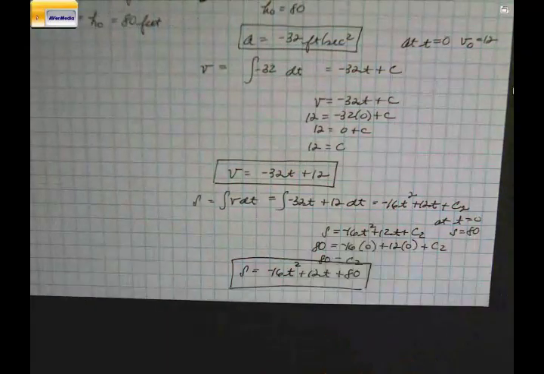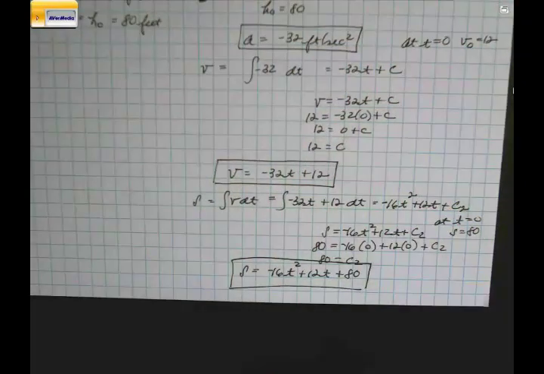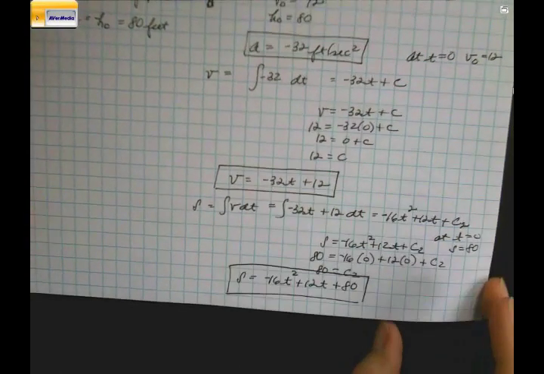Now, I don't even know what the question was. The question said, a hot air balloon is ascending at a rate of 12 feet per second and is at a height of 80 feet above the ground when a package is dropped. How long does it take the package to hit the ground? What does that mean?